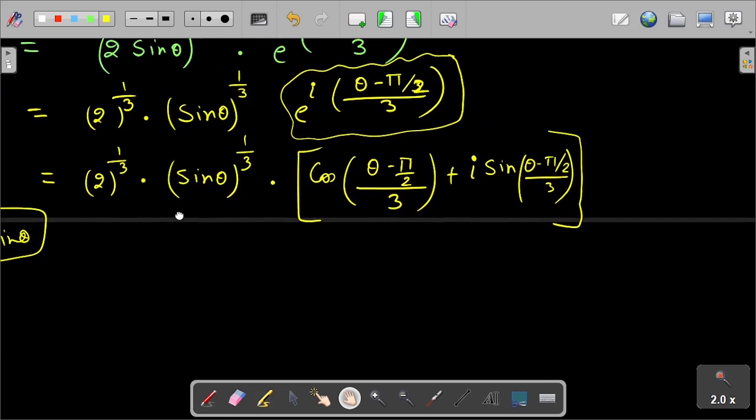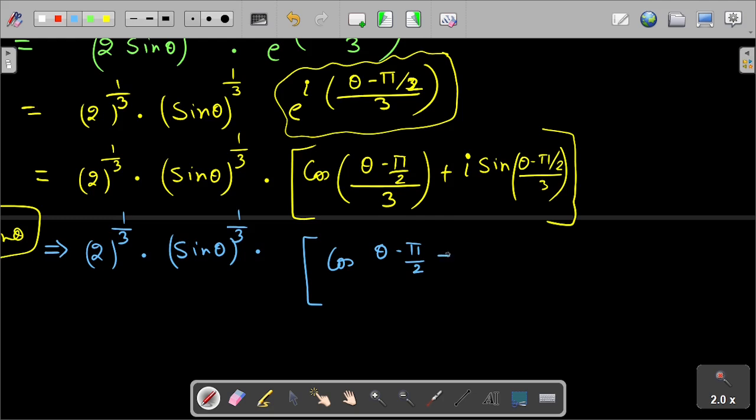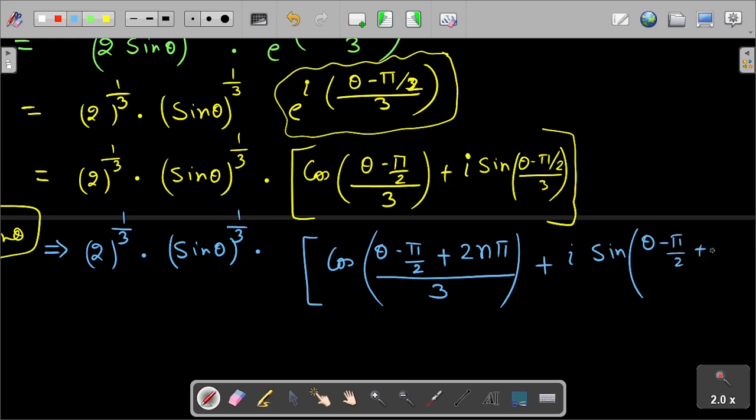Now, we have to write its general expression. Then we can find the 3 roots. So we can write this 2 raised to power 1 by 3 into sine theta raised to power 1 by 3. Now, this can be written as cos of theta minus pi by 2 plus 2n pi, this whole divided by 3, plus i sine of theta minus pi by 2 plus 2n pi by 3, right?